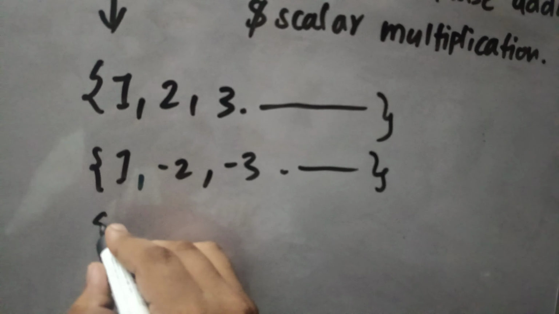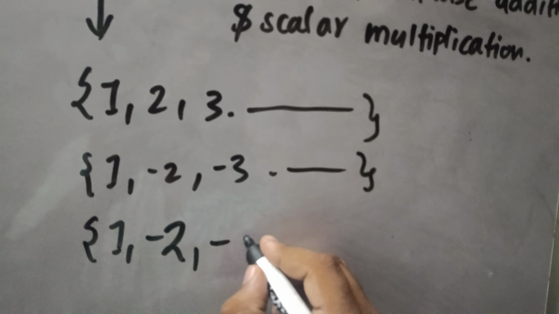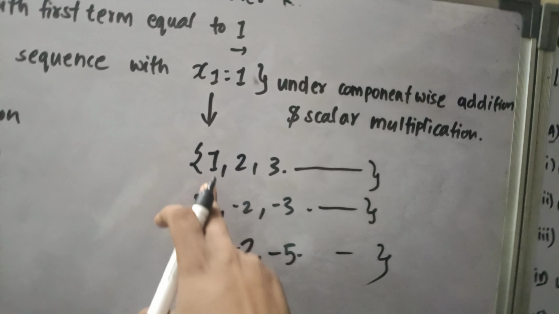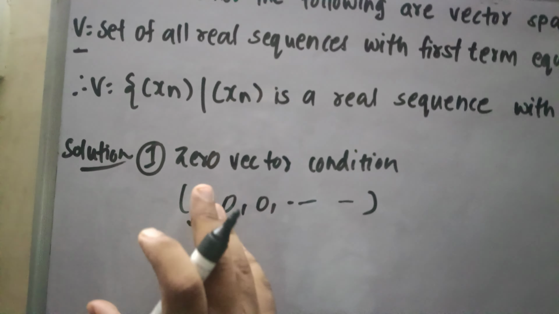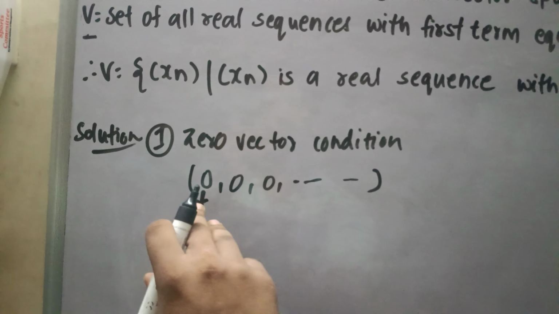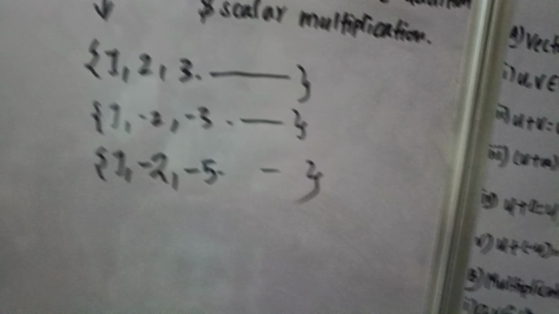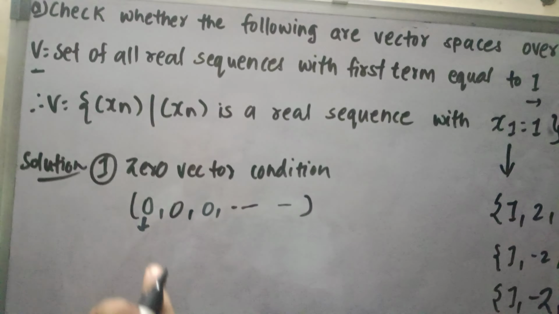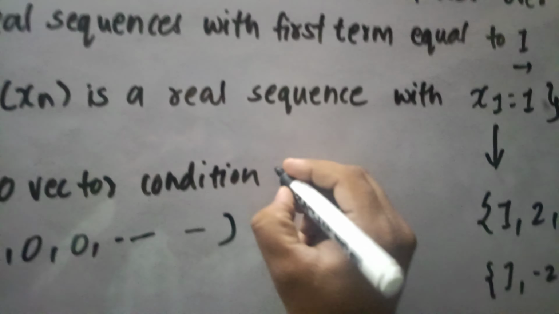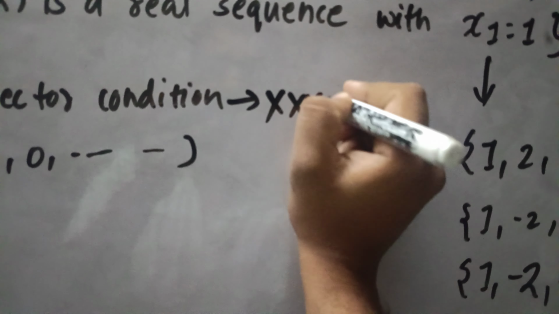These are examples of what a sequence of this set will look like, a real sequence with x1 equal to 1. Now since the zero vector has first element as 0 and in our case we need first element as 1, this automatically denies the zero vector condition, and therefore this is not satisfied.